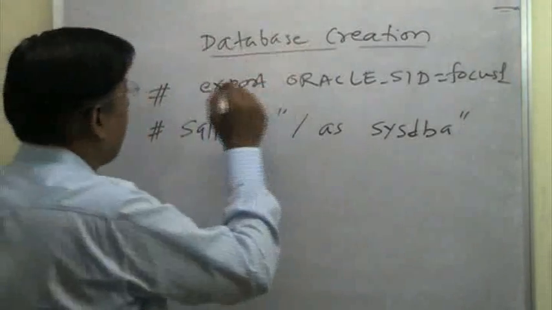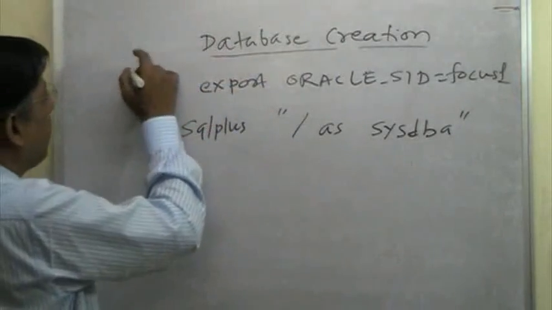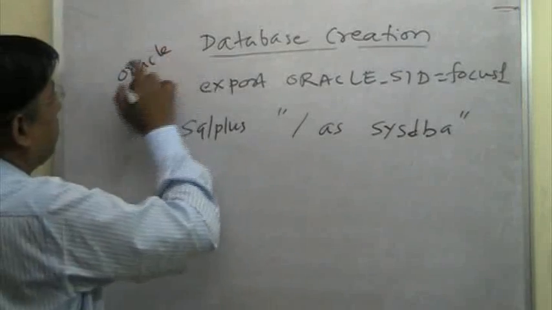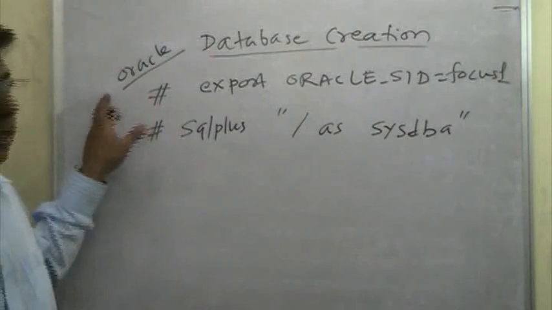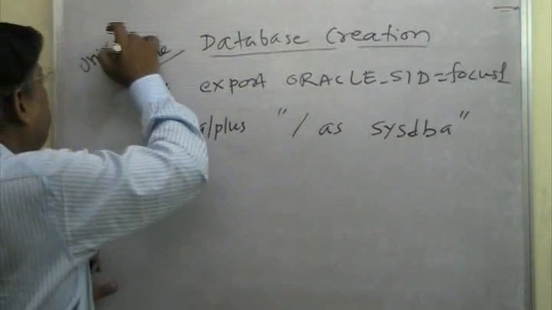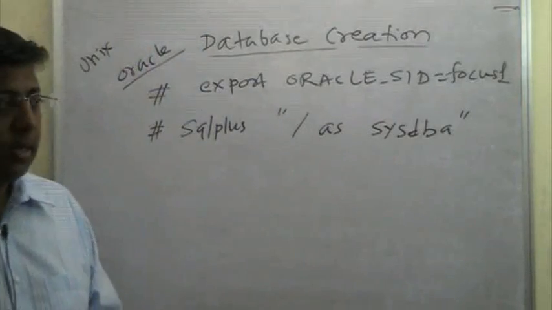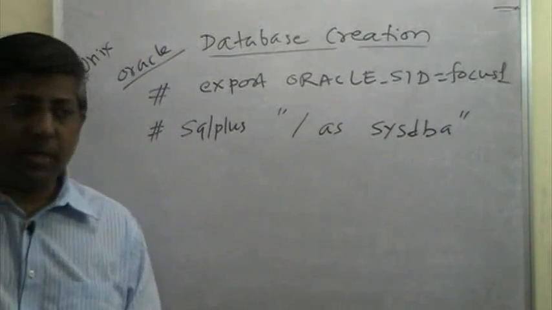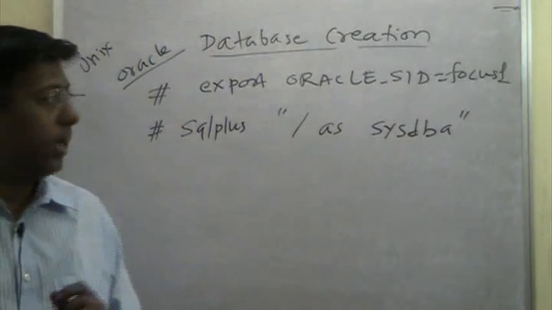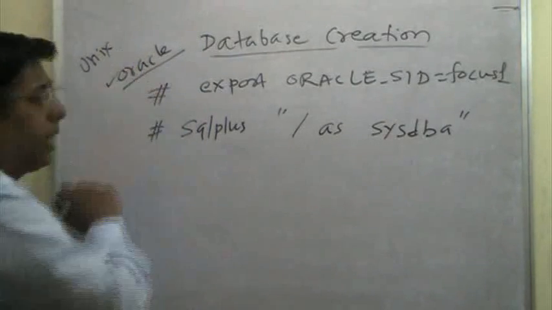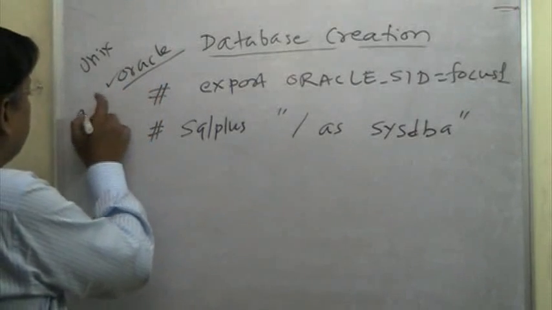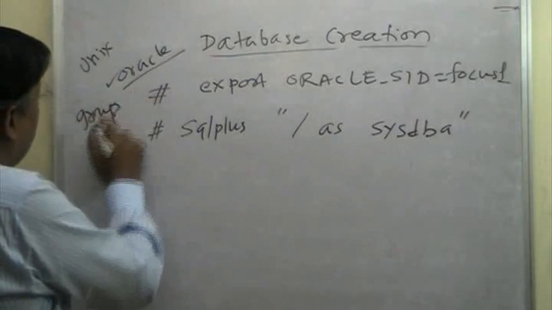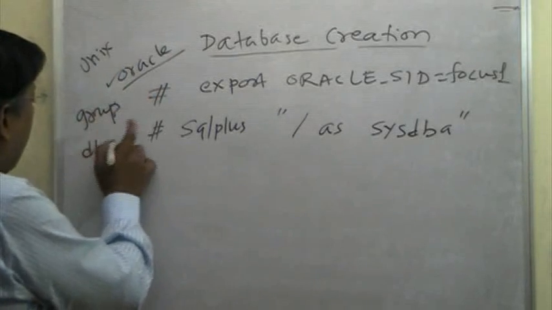I'm assuming that you are logged in as the Unix user Oracle. This is a major assumption. This is a Unix user whose name is oracle. When we do the Oracle software installation, we will see that a little later, this Unix user oracle is created, and he has been granted a certain group, and the name of the group is DBA.